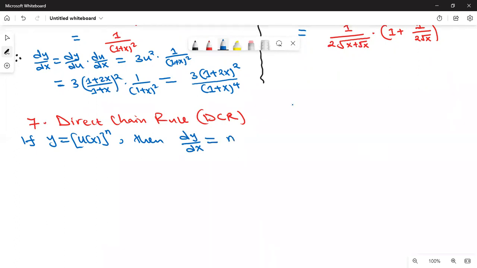So we'll have n, bring down the power, so that we have u, a function of x, raised to n minus 1, then times u prime of x. That is what we are calling the direct chain rule.